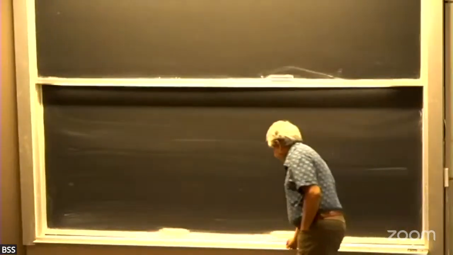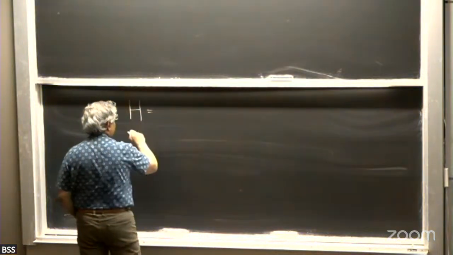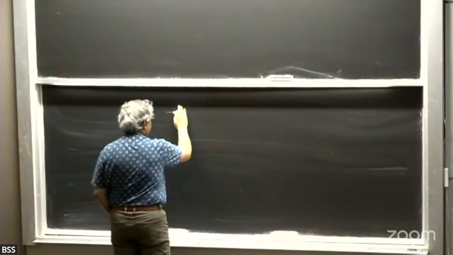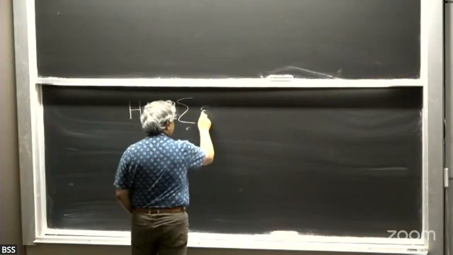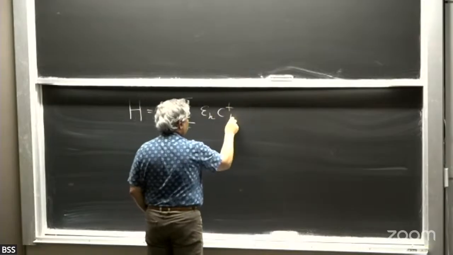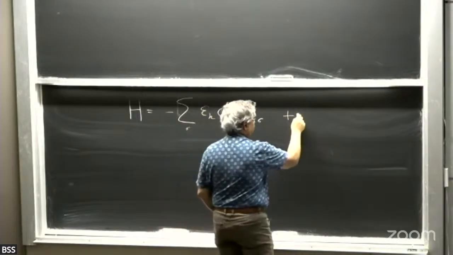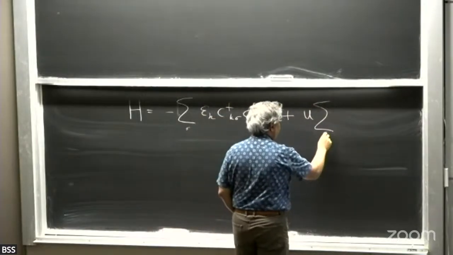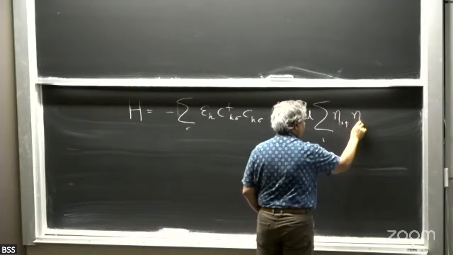So we start with some single band Hubbard model, with hopping terms summed over sigma. And then you have an on-site interaction, U n_i up n_i down.